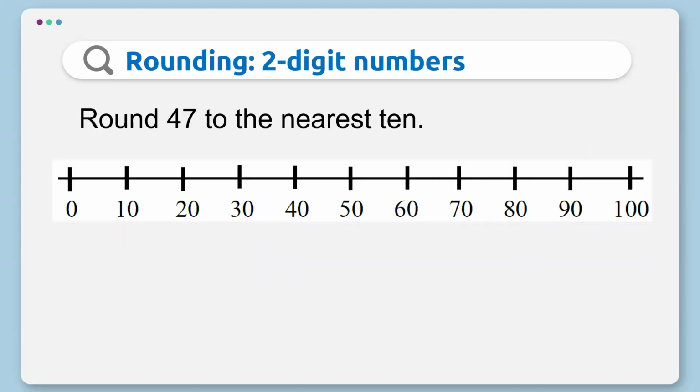So let's start off with 2-digit numbers. If I want to round 47 to the nearest 10, how do I do that? I know that if I use a number line, 47 will be somewhere near where the cross is. So is this nearer to 40 or 50?